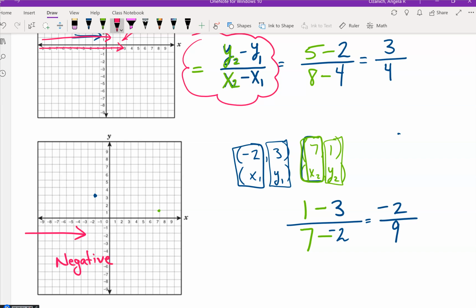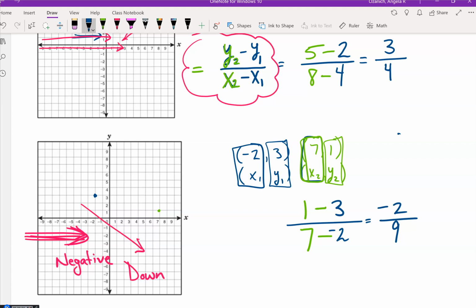It should be going this way, down, as I go from left to right across my coordinate plane. So let's see if it actually is -2 over 9.